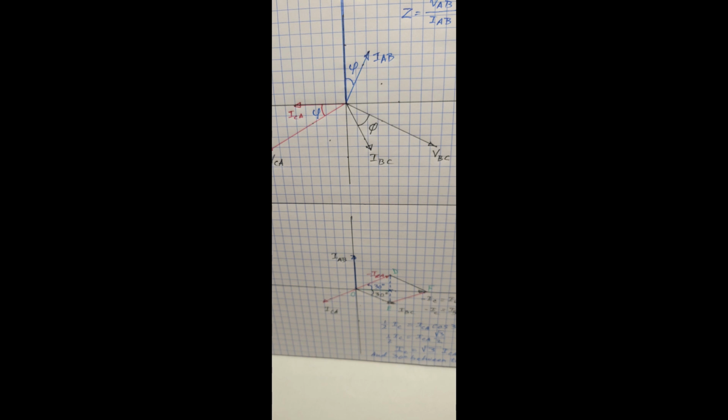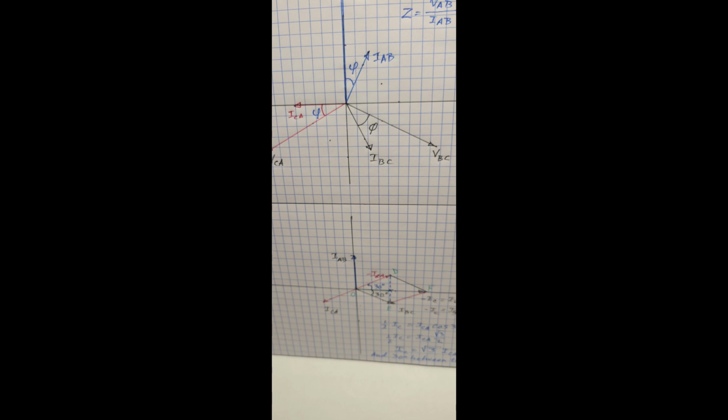In the triangle on the left, you can see that half of the current IC is equal to the phase current ICA times the cosine of 30 degrees. The cosine of 30 degrees is equal to the square root of 3 divided by 2.